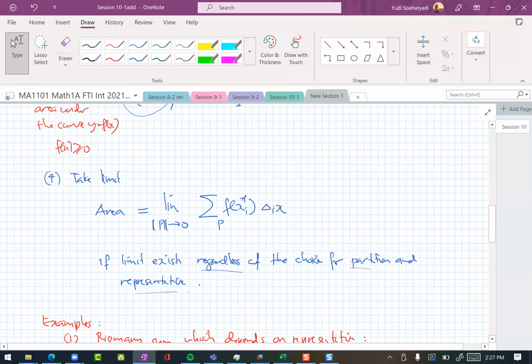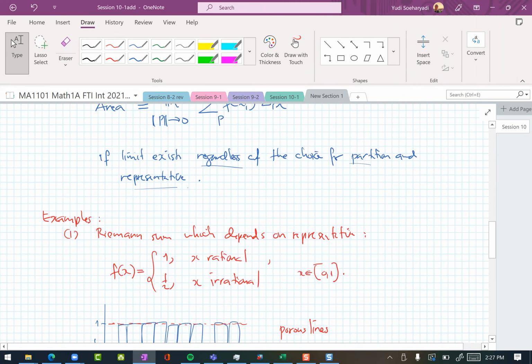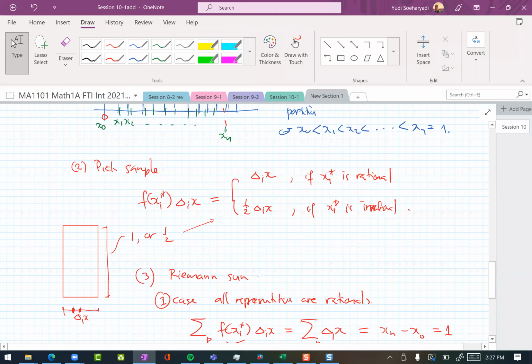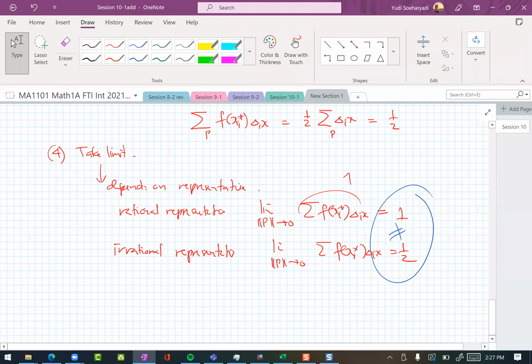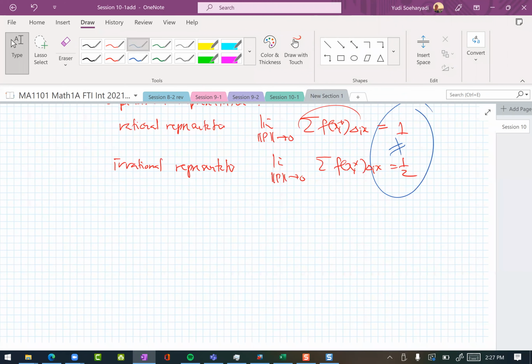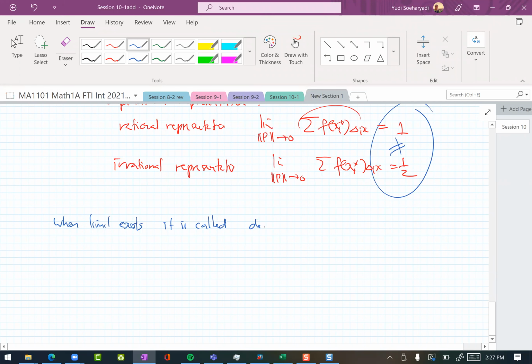All right. So when the limit exists, it is called the definite integral. Okay.